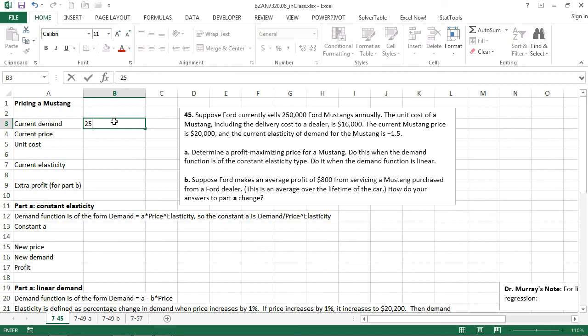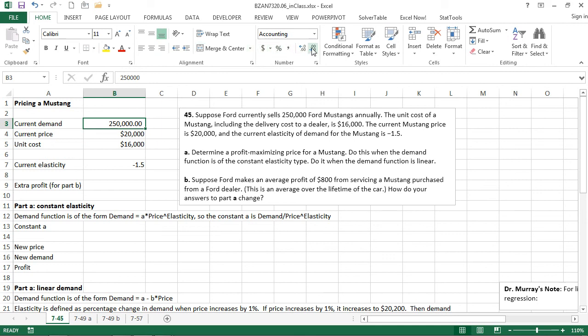So the current demand is 250,000. Current price is 20,000. And cost is 16,000. And elasticity is minus 1.5. So these are all values that were given in the problem statement.